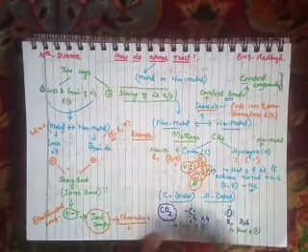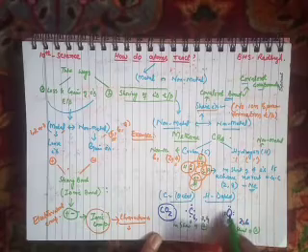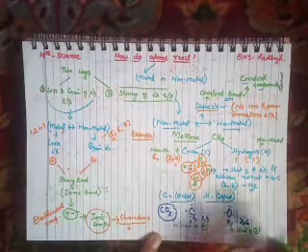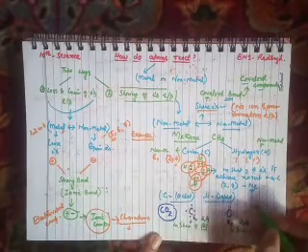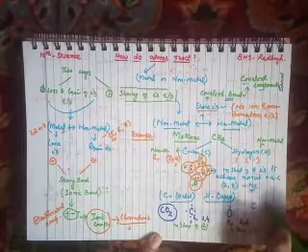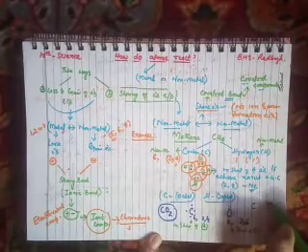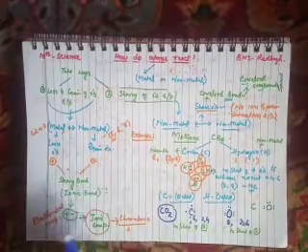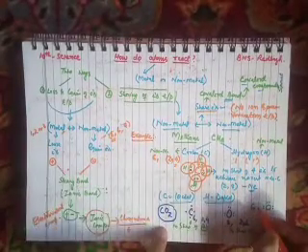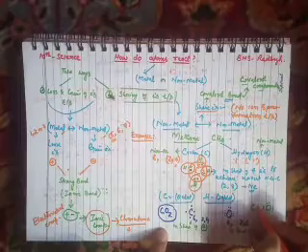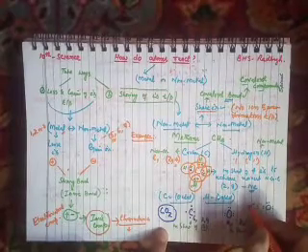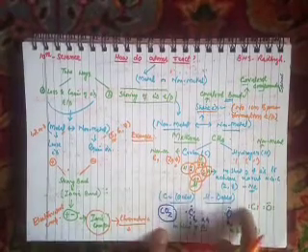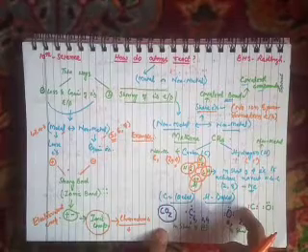So what happens, these carbon and oxygen share 2 electrons. Suppose this is the carbon and this is the oxygen. Oxygen has 1, 2, 3, 4, 5, 6 electrons. So carbon also gives its 2 electrons. These are 2 electrons of carbon, and these are the other 2 electrons of carbon.